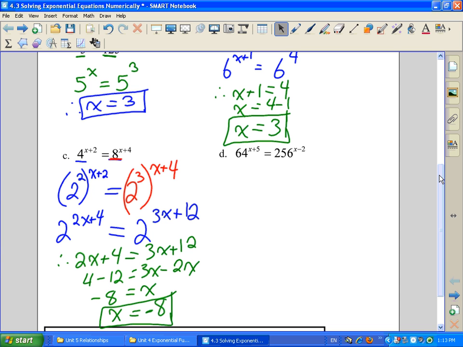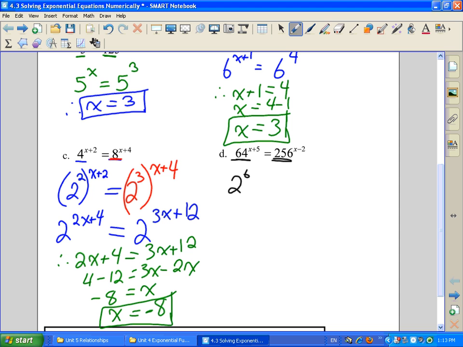Okay, last example. So we have 64 raised to the x plus 5 equals 256 to the x minus 2. All right. Again, we've got to think, hey, how can we get these expressed in equal bases? It's easiest to try, first of all, to see if you can get into the base of 2. So let's try that. 2 to what power equals 64?